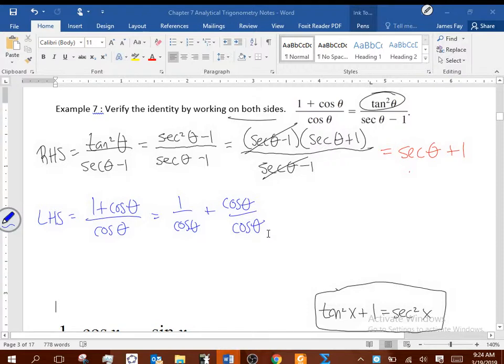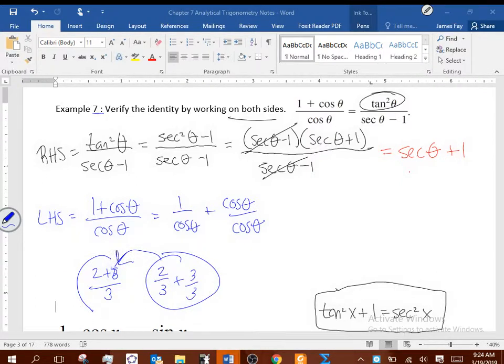Does that make sense? Okay, I can separate. So this idea is like if I had 2 plus 3 over 3, that did come from 2/3 plus 3/3. We usually go from this to that, but it's a two-way street. You can go from this and separate it back to the individual fractions.